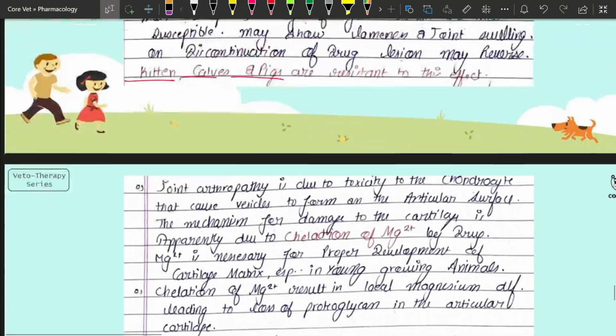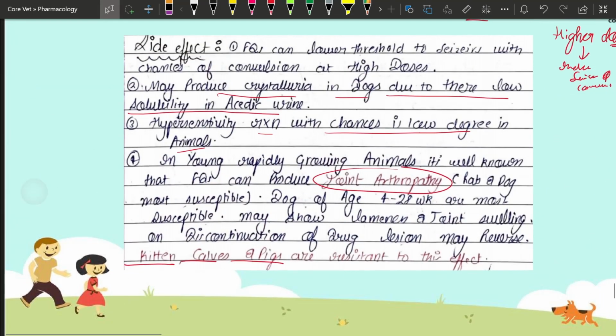Why is this joint arthropathy happening? Because in animal nutrition you must have studied that magnesium is quite responsible for the proper development of the cartilage matrix, right? So what happens is there is a chelation: the fluoroquinolones chelate the magnesium ion, right? If the fluoroquinolones chelate the magnesium ion, obviously there would be what?